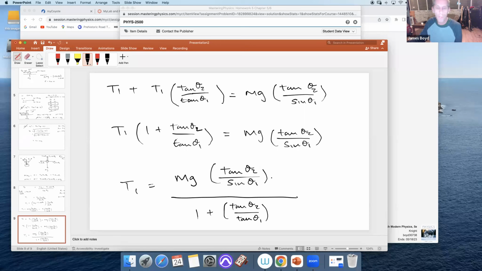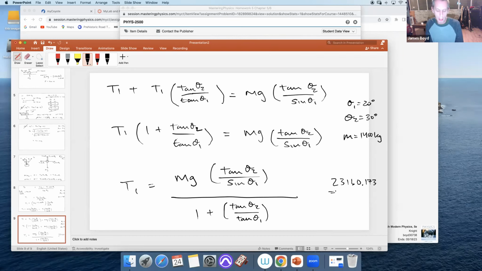And so what we get, theta 1 was 20 degrees, theta 2 was 30 degrees, M was 1400 kilograms. On the top, I get 1400 times 9.8 times tan of 30, all divided by sine of 20. So I get 23,160.173.